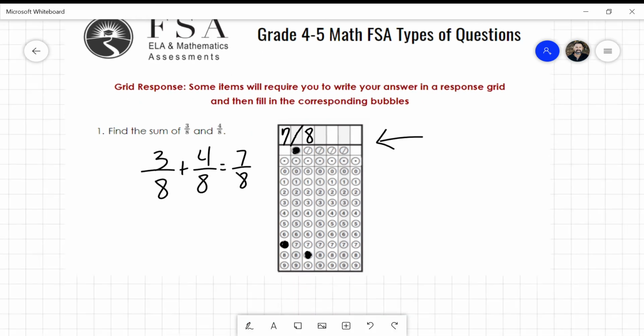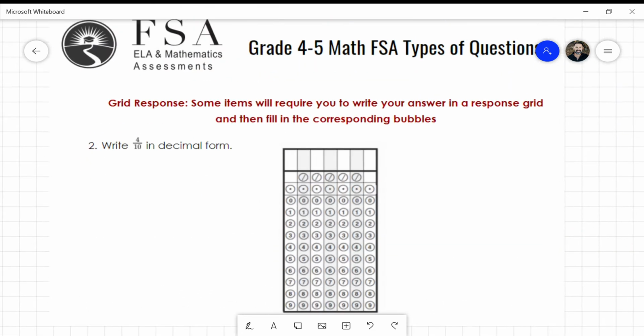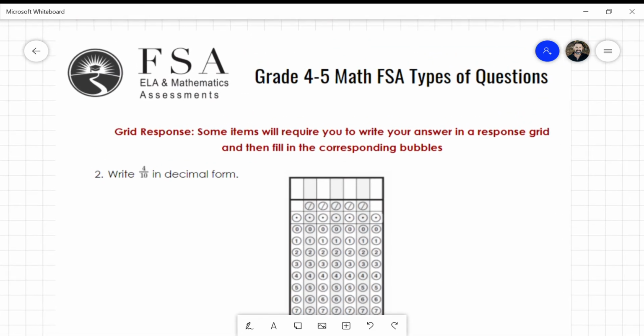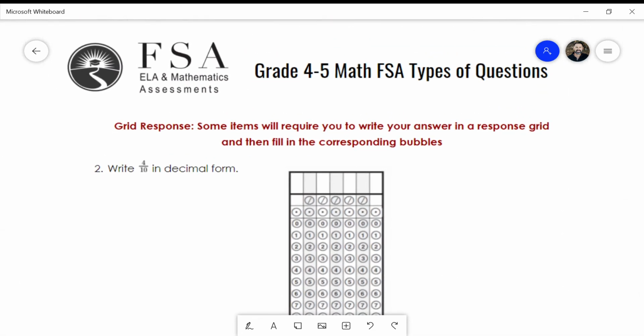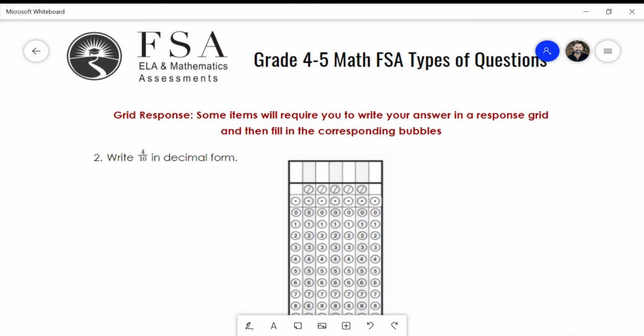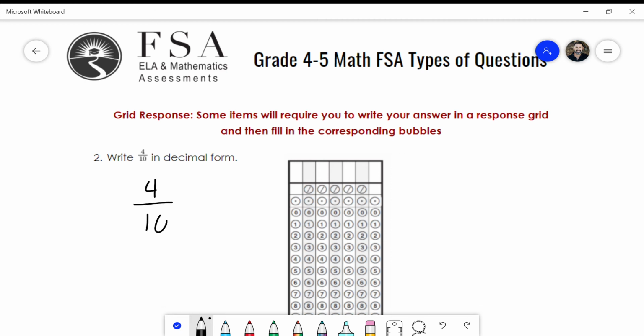Let's try another one. What if you get a question that's asking you to give the answer in decimal form? It says write 4/10 in decimal form. The first thing we have to do is put it into a decimal, which is 0.4.